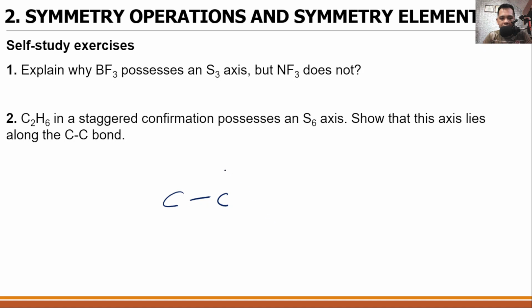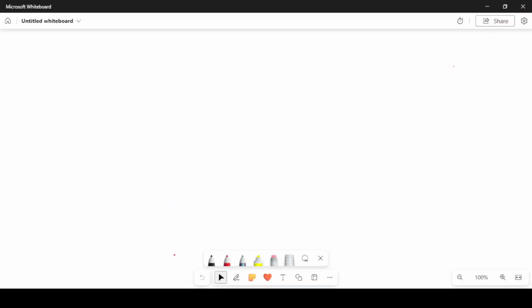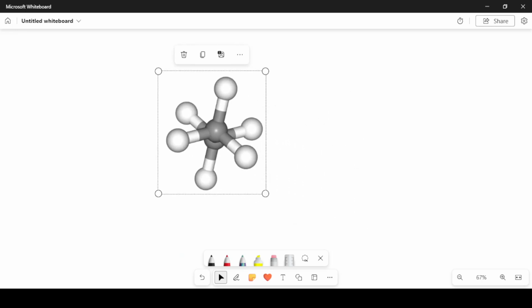This is the top view of it. Wait lang. Top view. I'm just gonna show in the whiteboard perhaps. Wait lang guys, bear with me. Ayan. And the side view of this staggered ethane is this.